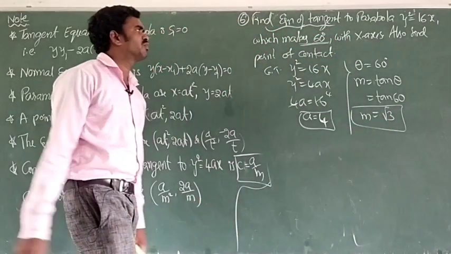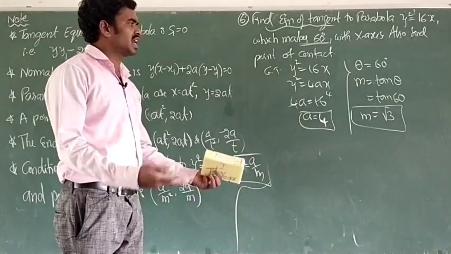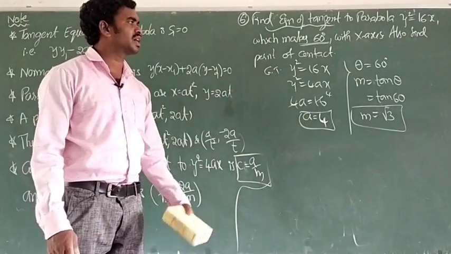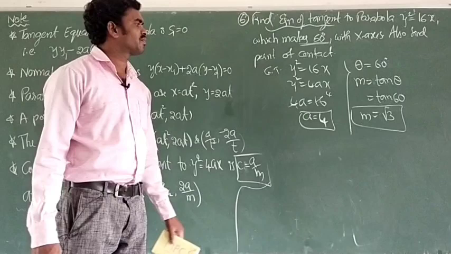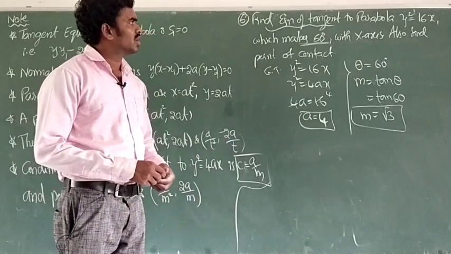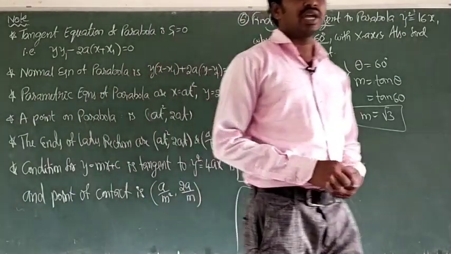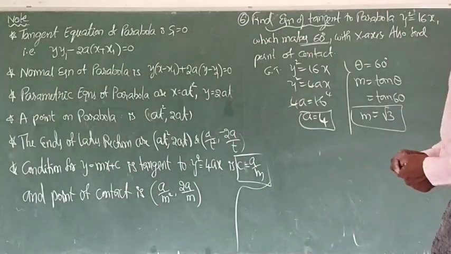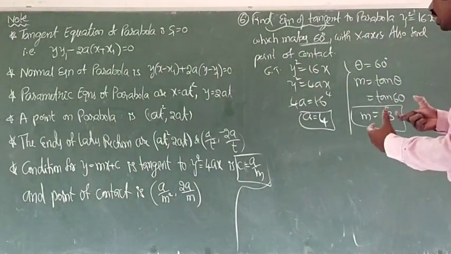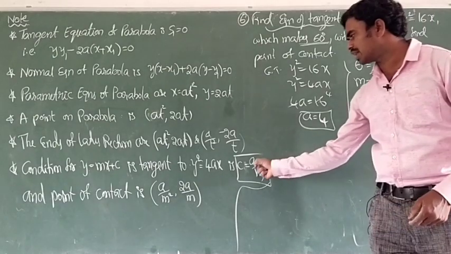And what do we have to find? The tangent equation. What is the tangent equation? y = mx + c. We know m, x no need to find. What is c? The constant. To know the c value, again we have to use this condition.